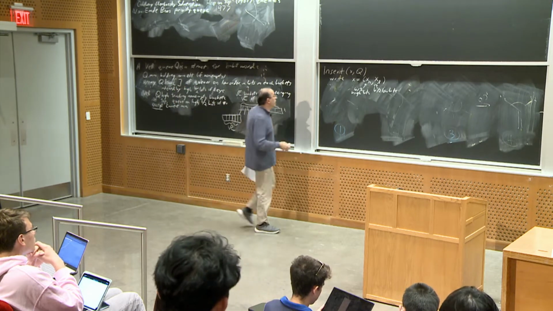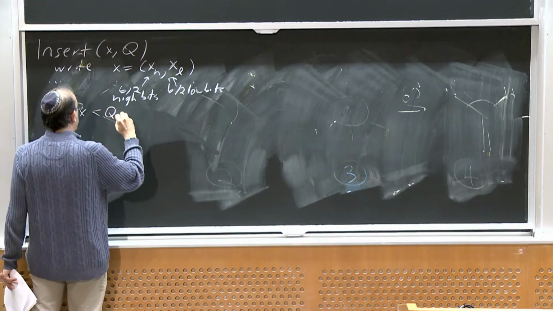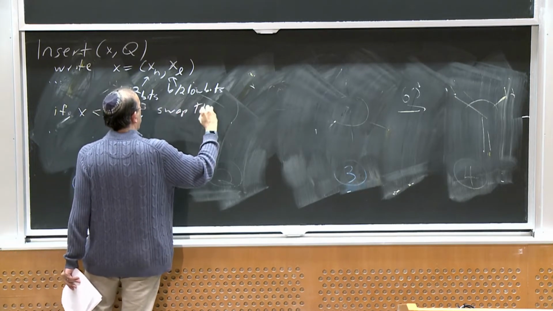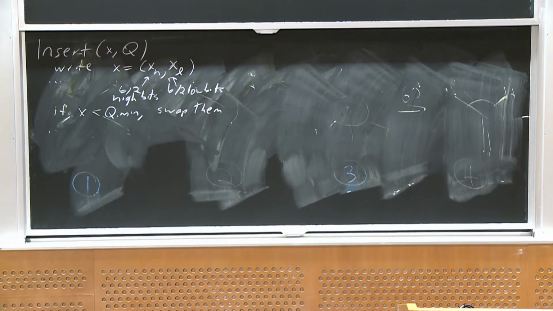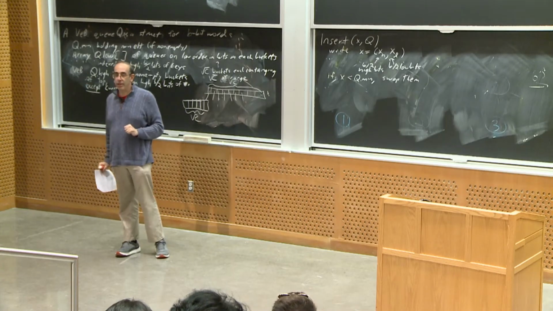So the first thing I'm going to do is say if x is less than the current min, then swap them. Okay? So now I can assume without loss of generality that my x is larger than the current min. Okay? So now I proceed to do what you just suggested.